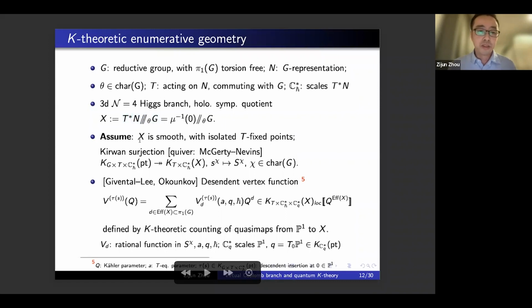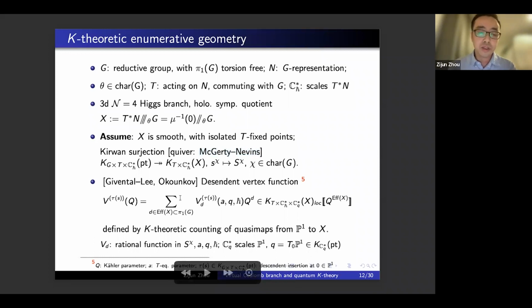In this talk, we will always assume that this X is smooth with isolated T fixed points. And we'll also assume the Kirwan surjection, which for hypertoric varieties is automatic, and for quiver varieties is due to this work.